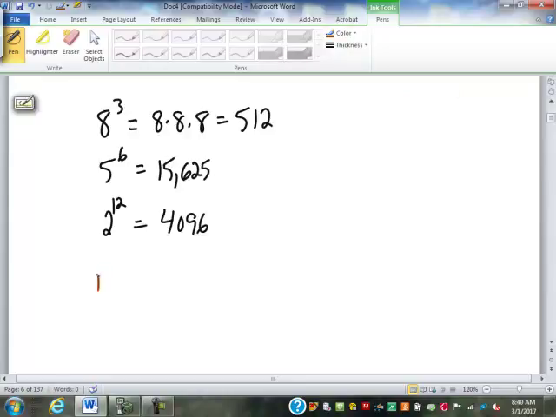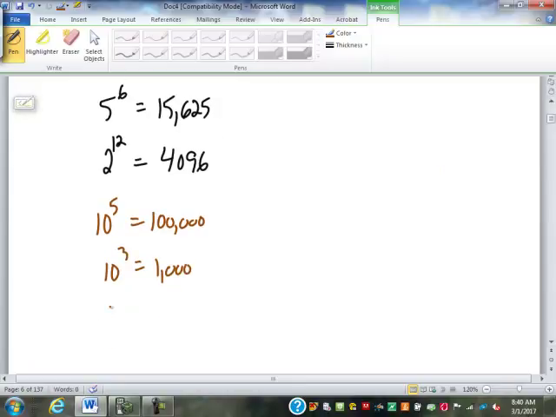How about 10 to the power of 5? 100,000. 10 to the power of 3? 1,000. 10 to the power of 7? 10 million.